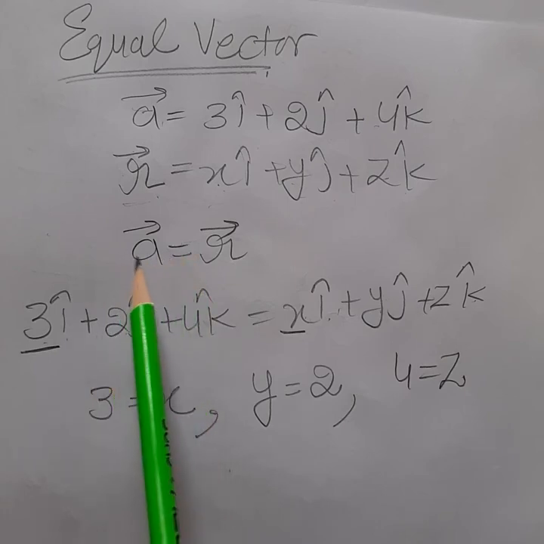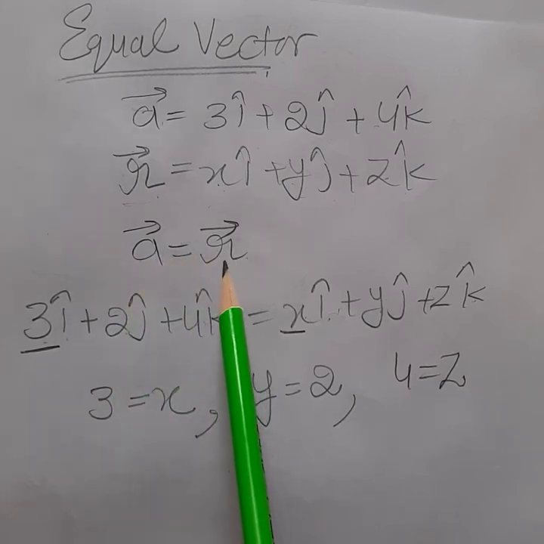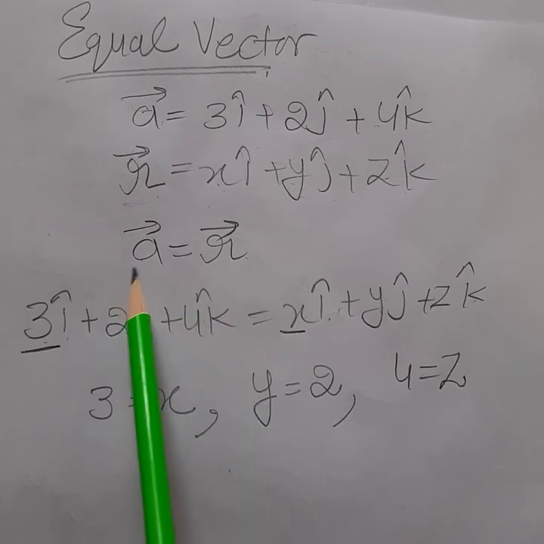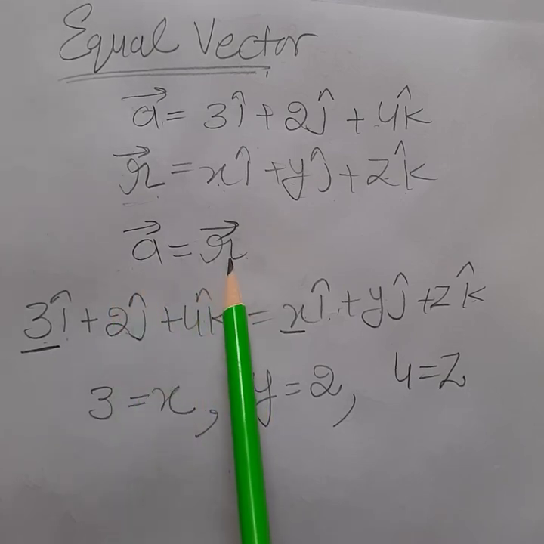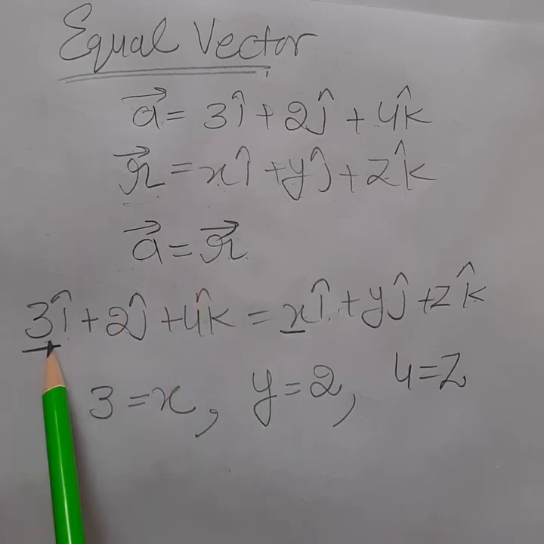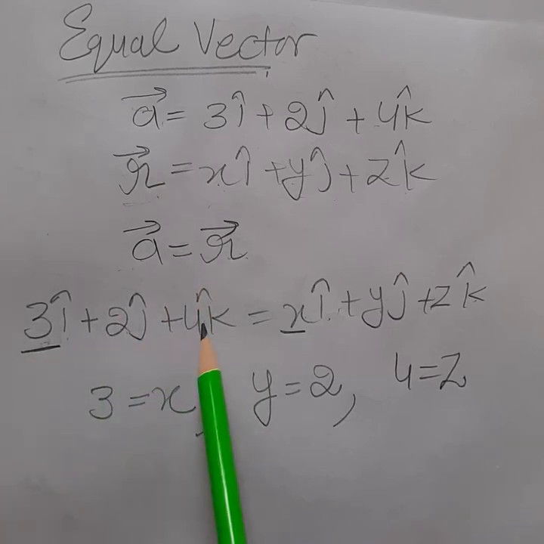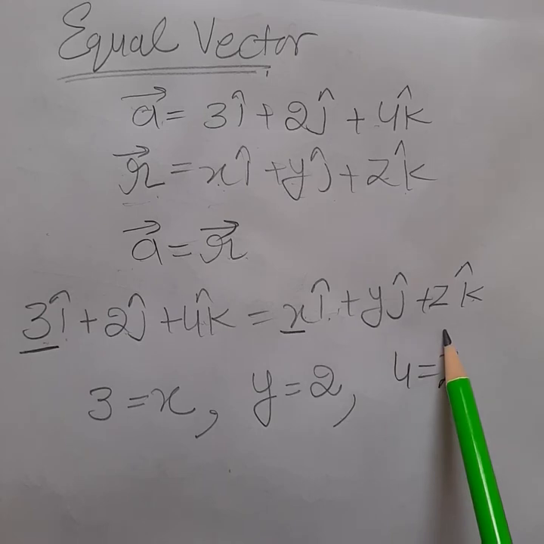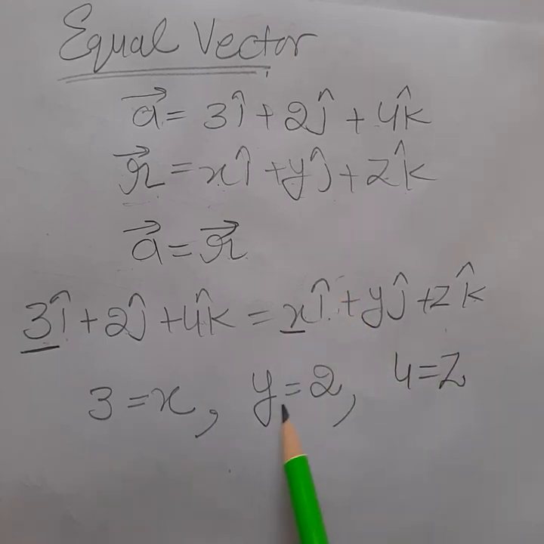So what is the meaning of equal vectors, students? These two vectors are equal, meaning here we have 3i plus 2j plus 4k, and on the other side, if we put the values of x, y, z in this vector, we get the same vector.